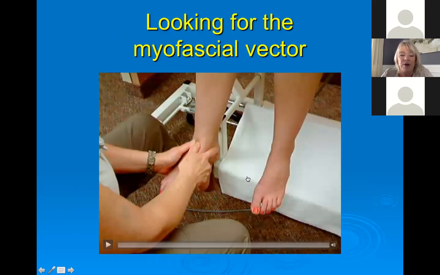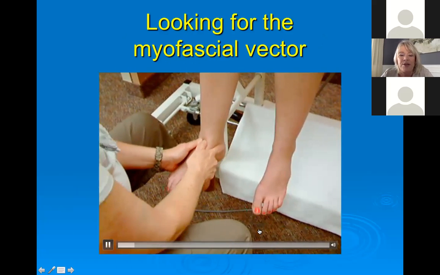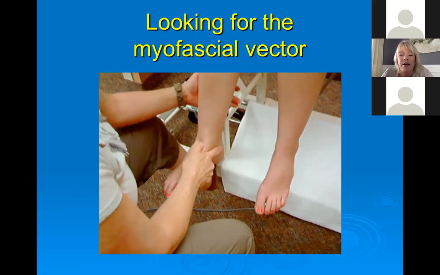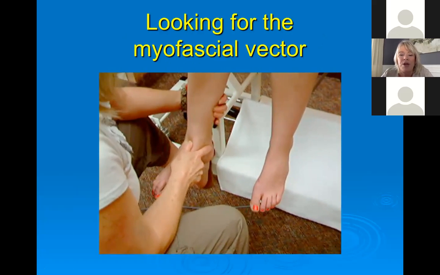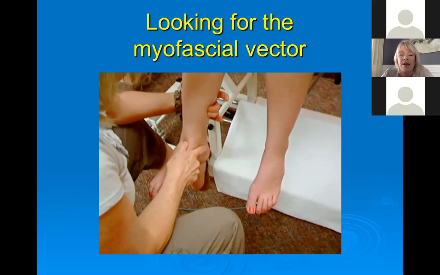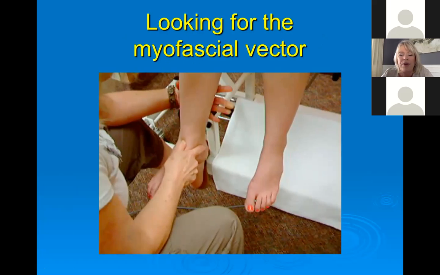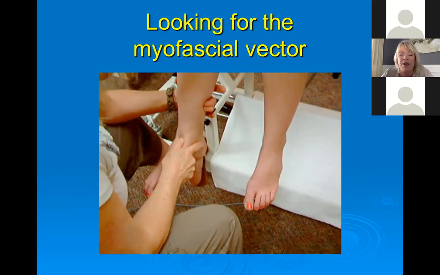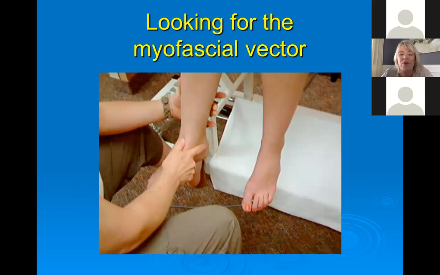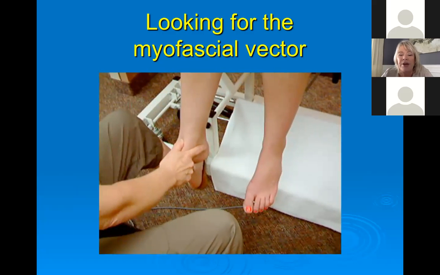There we go. So I'm looking for the myofascial vector. My right hand stays there and my left hand pulls up on the fascial tissues of the gastroc soleus, and I'm looking for the area or areas that have an immediate impact on the talar rock. You notice when I'm in that particular place, I have zero talar rock.